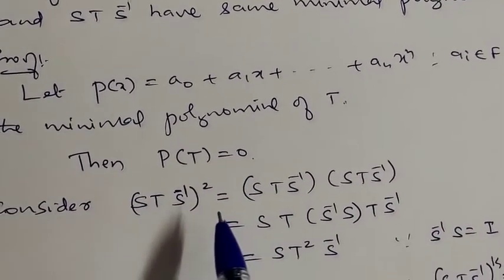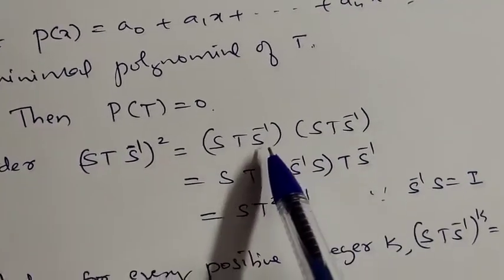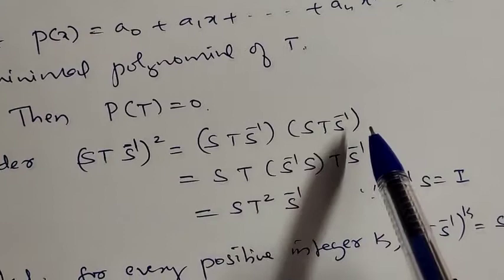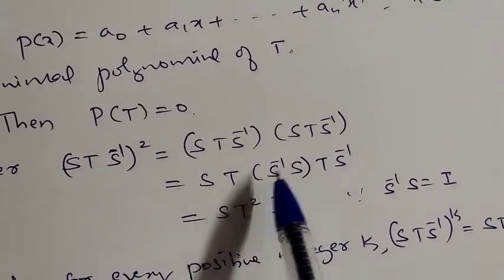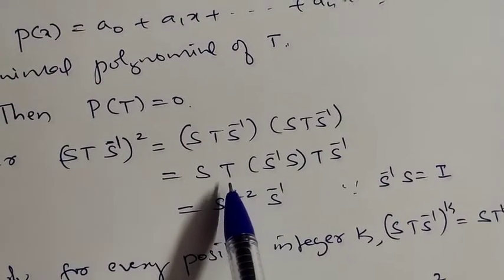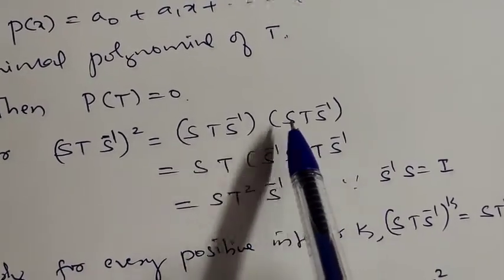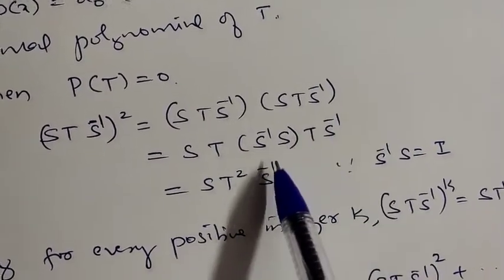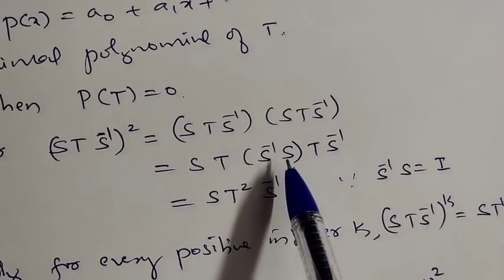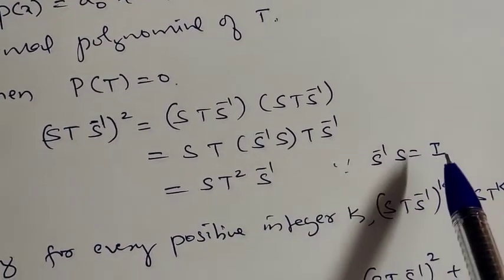Now s t s inverse whole square can be written as s t s inverse into s t s inverse. Since A of V is an algebra, I can use the property of an algebra. So this is equal to s into t into s inverse into s, I will group this into t into s inverse. Now s is regular means what? Inverse exists. So s inverse into s is I, the identity transformation.